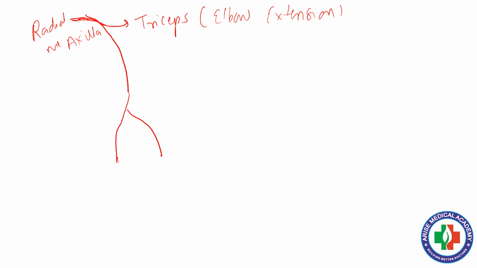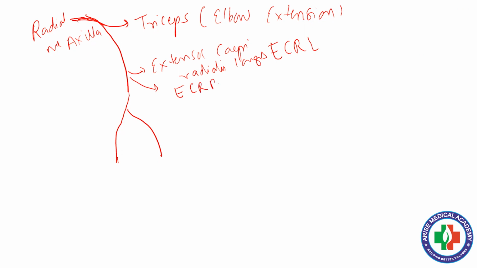Then passing through the spiral groove and coming down, it supplies the extensor carpi radialis longus, ECRL, and just below that, extensor carpi radialis brevis, ECRB.